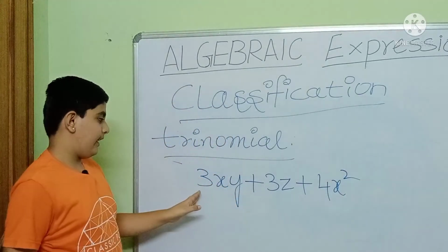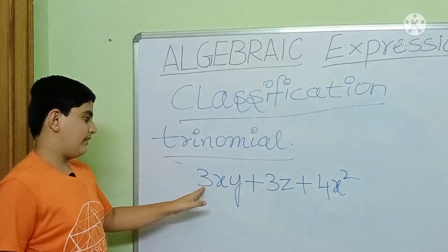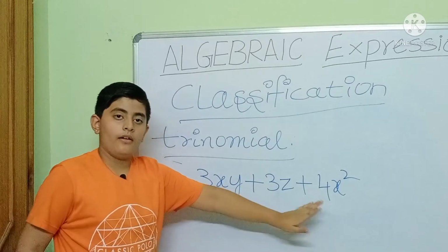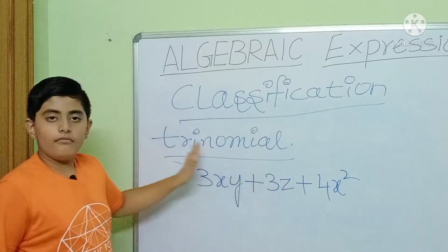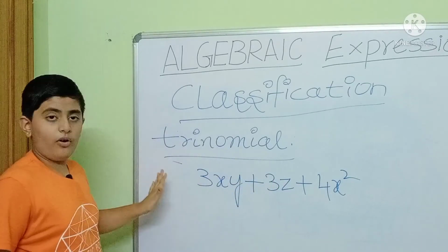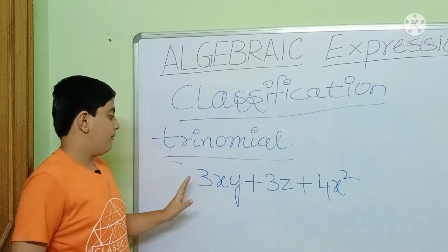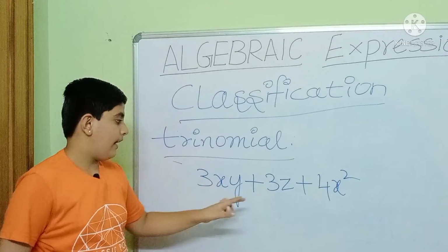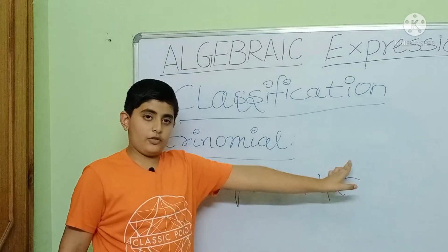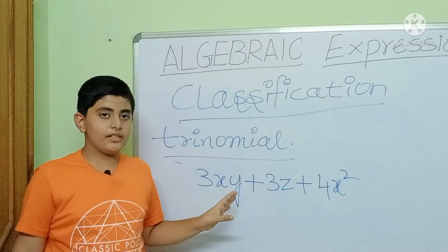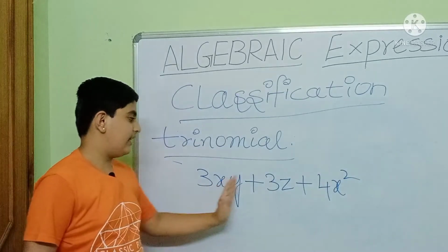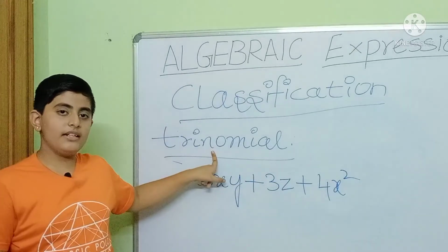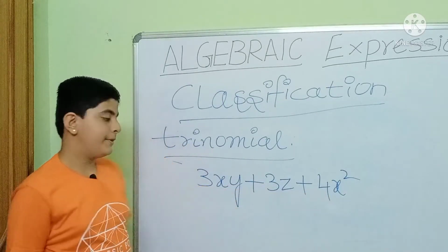Here the constants are 3, 3, 4. So 3 is similar and 4. Let's keep constants aside. We don't need that. And let's see the first term xy and z and x square. These are unlike terms and those are consisting of three terms. So those are called trinomials and those are polynomials.